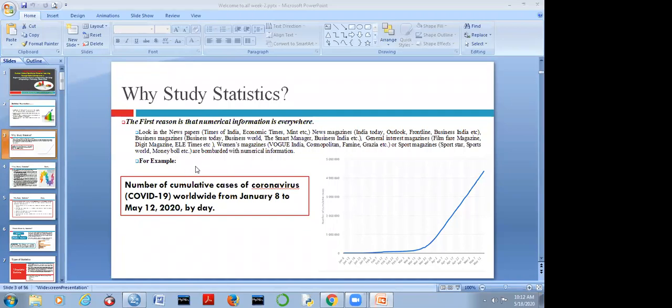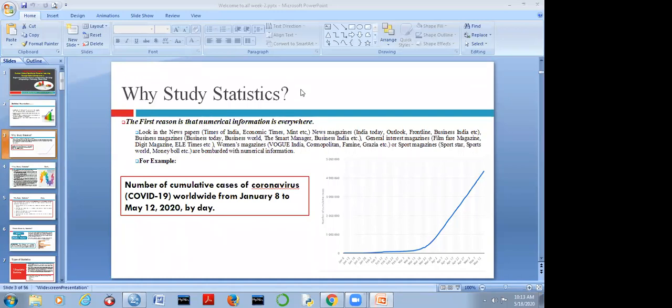So that means when you face any information, internally or externally or in any way, in numerical form, you need to understand what that information is, what that statistical figure is, what that data is.